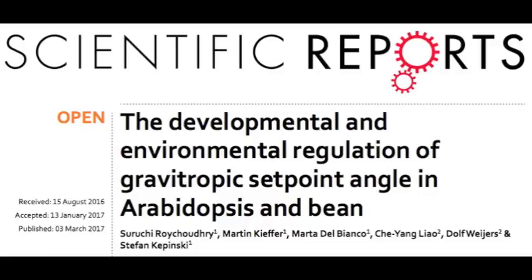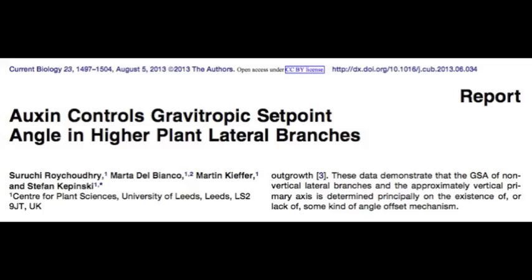And in a previous paper, we showed that the maintenance of non-vertical GSAs was dependent on an offset mechanism that counteracts gravity response. And also in that paper, which is sort of the basis of this paper, we showed that if you grow, say, Arabidopsis plants on Auxin, then their lateral roots can become more vertical.